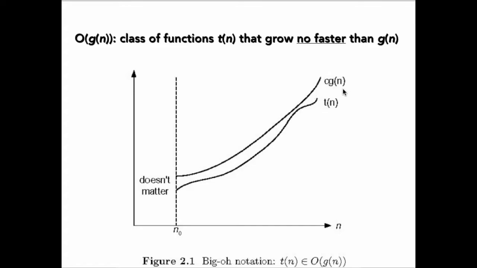So, masasabi natin na t of n grows no faster than g of n. Okay, so all of the functions below g of n is in O of g of n. So, for example, g of n is n squared. Yung mga linear time, log n, yung mga mas mababang function is in O of g of n.